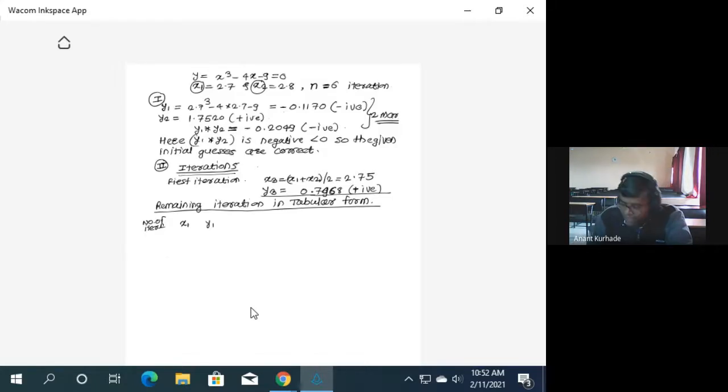See what I am doing. We are not doing anything special. We are putting the stepwise procedure. Initially we have x1, calculate y1. Initially we have x2, calculate y2. So go step by step, x1, then y1. Then what next?